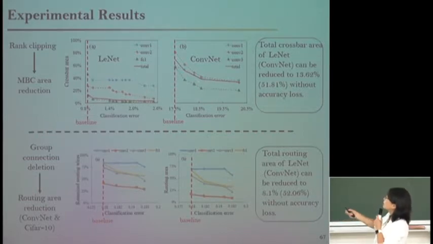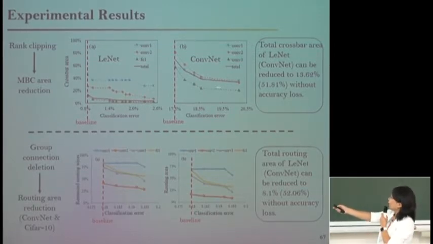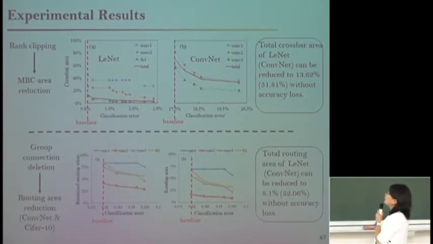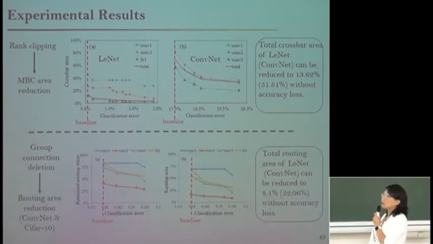The ConvNet has more convolutional layers, so this is the average result. Total crossbar area can be reduced by 13 to 50%, depending on the network structure. And the routing area by 8 to 52%. It's also determined by your application and the data set.